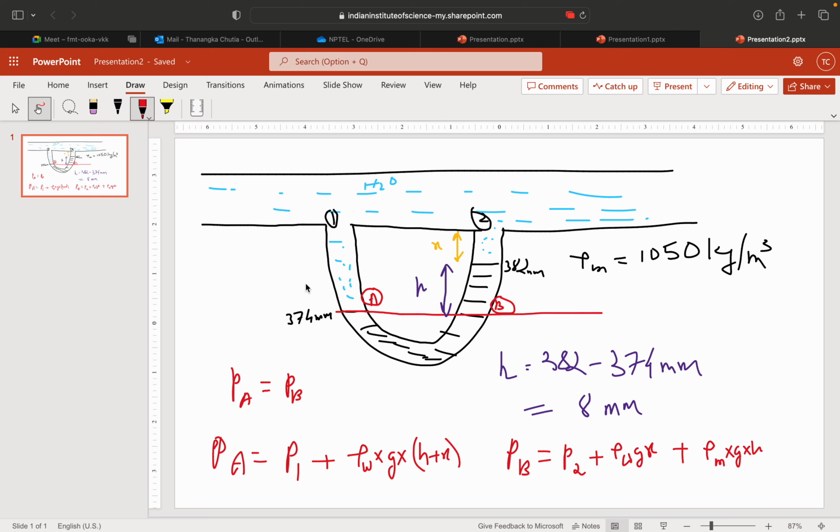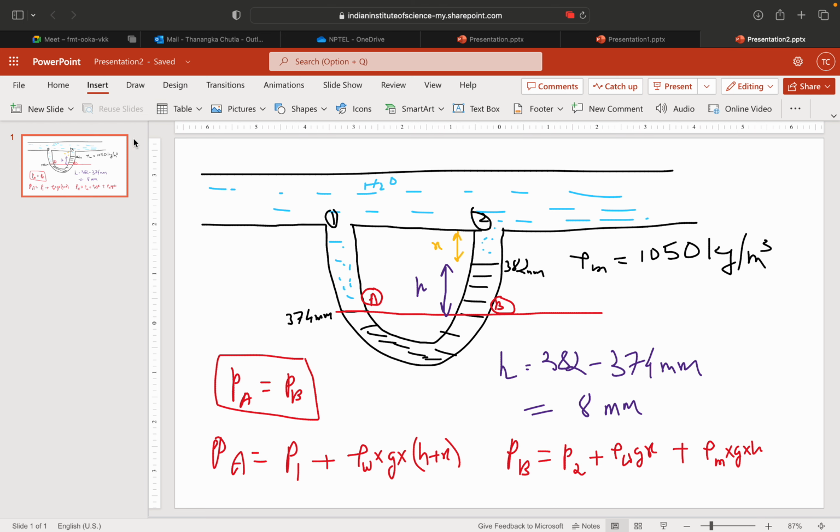Now what we need is just P1 minus P2, so very easy. We know that PA is equal to PB, put it here and you will get some cancellation terms.